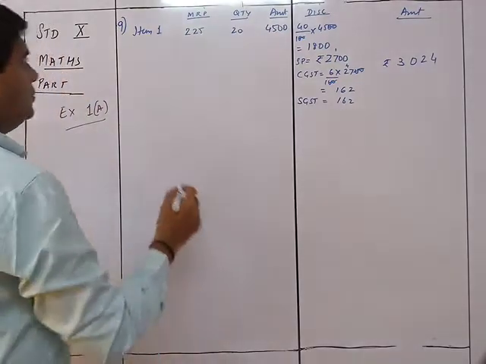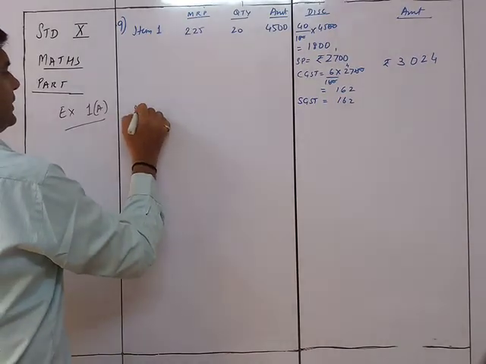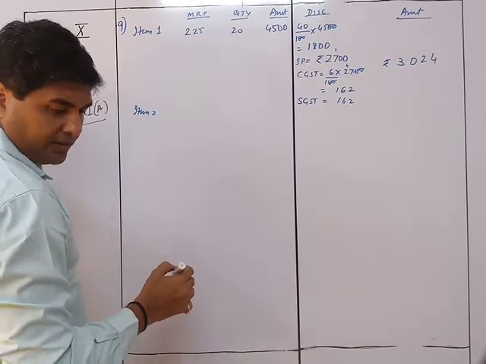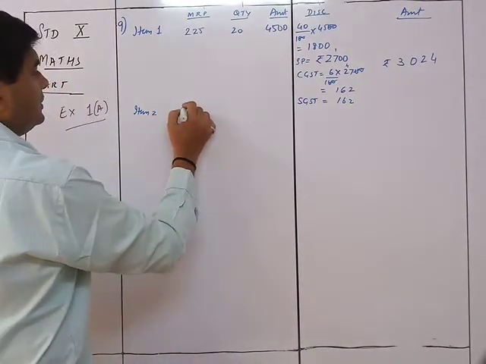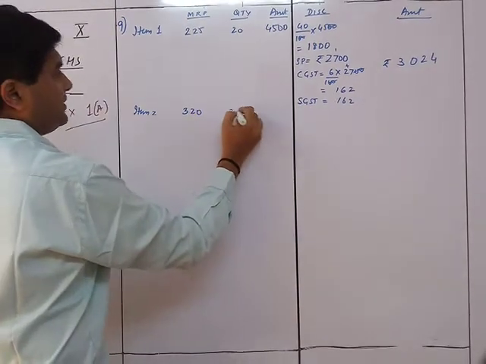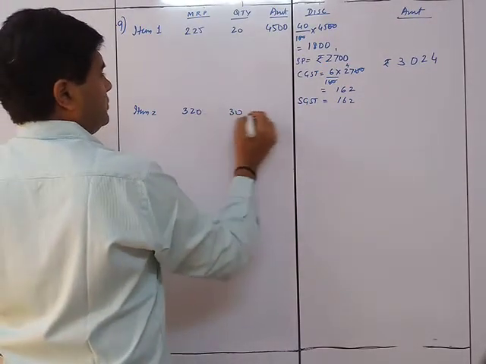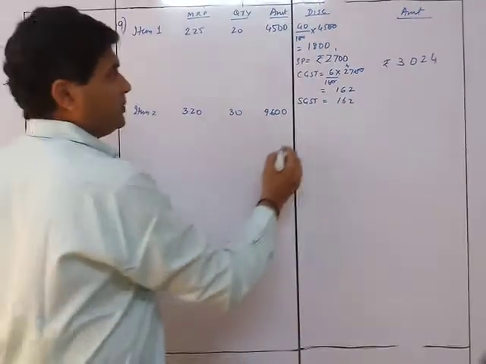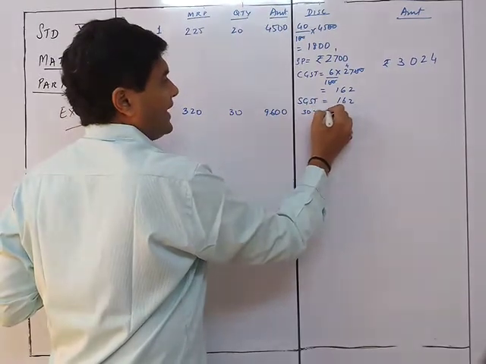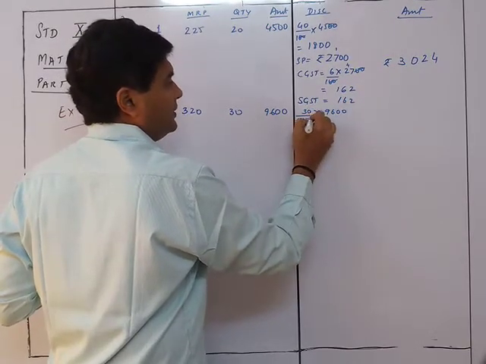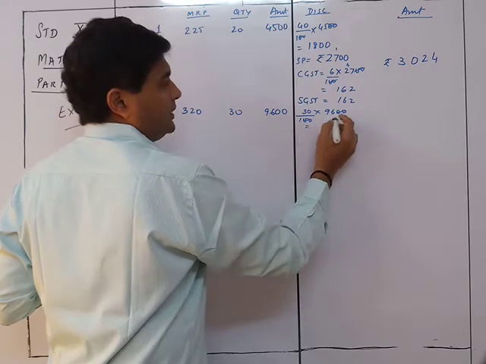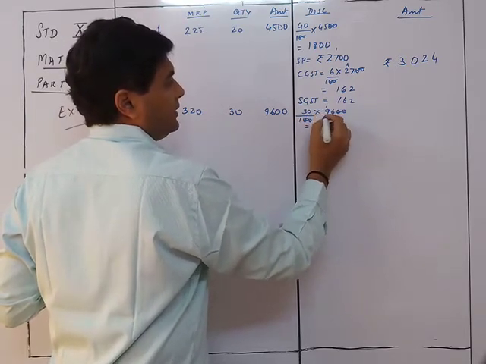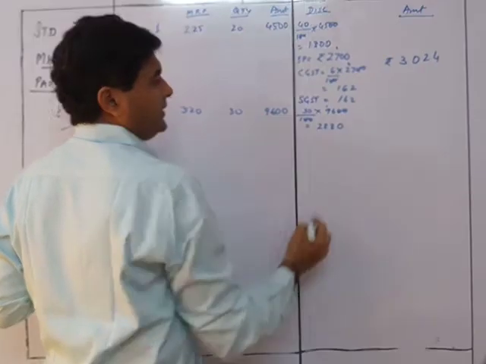We move on to item 2. The MRP is 320 and 30 pieces, so that will be 9600. The discount is 30%, so 30 into 9600 upon 100 will be equal to 2880.